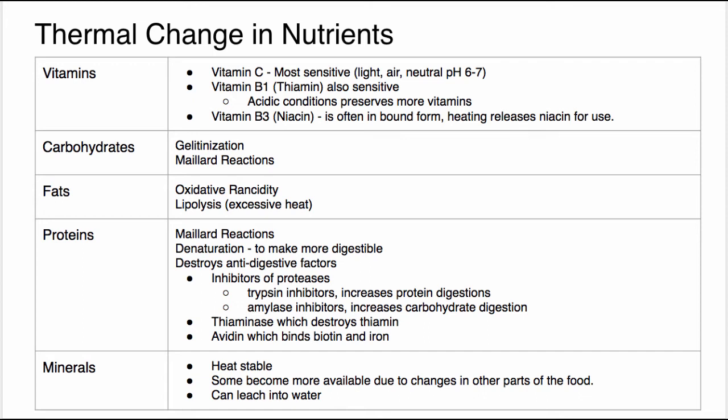So that increases the carbohydrate nutrition. The Maillard reactions also happen between mono and disaccharides and proteins. When these reactions happen, those nutrients are no longer available for your body. So through the Maillard reaction, we actually have a decrease in carbohydrates.